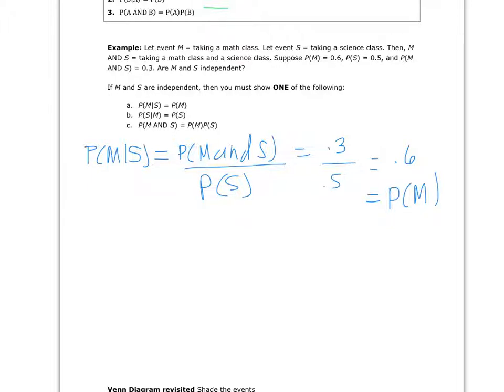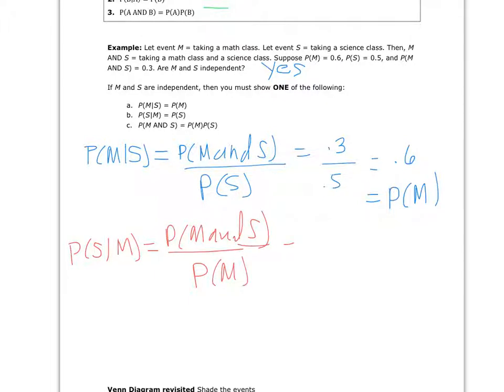So we can say yes. Now, we're going to go through the two other things just to show that they all come to the same conclusion. Let's look at the probability of S given M. So the probability of M and S goes in the numerator over the probability of M this time.